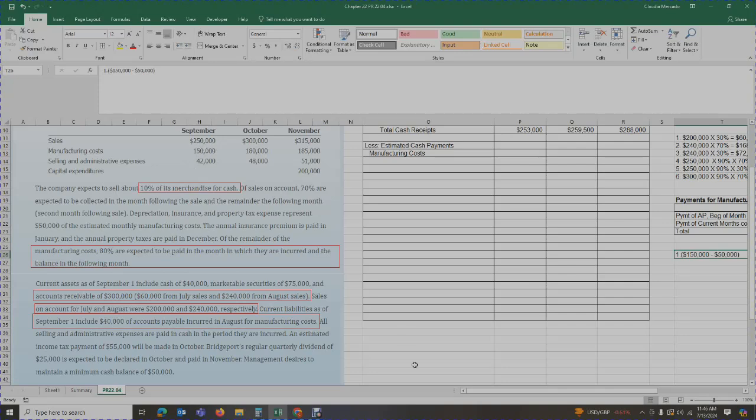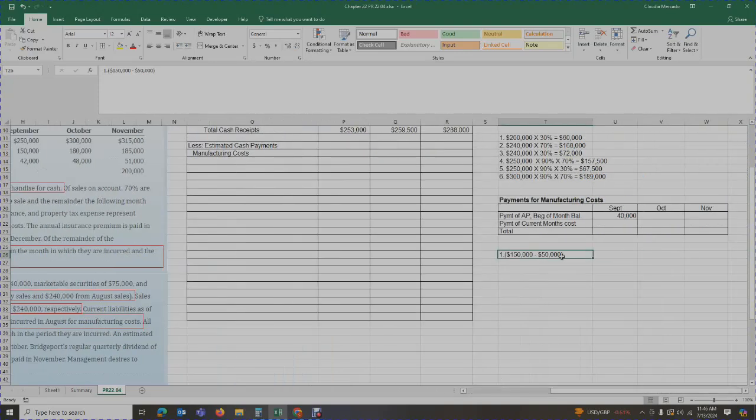So here we have manufacturing cost of $150,000 minus the $50,000 of overhead, multiplied by 80%. Well, you know what? Let me restart. Let me run my numbers across instead of going down. I think it will be easier if we just do September, October, and November. We did the $40,000 that's coming from the problem.